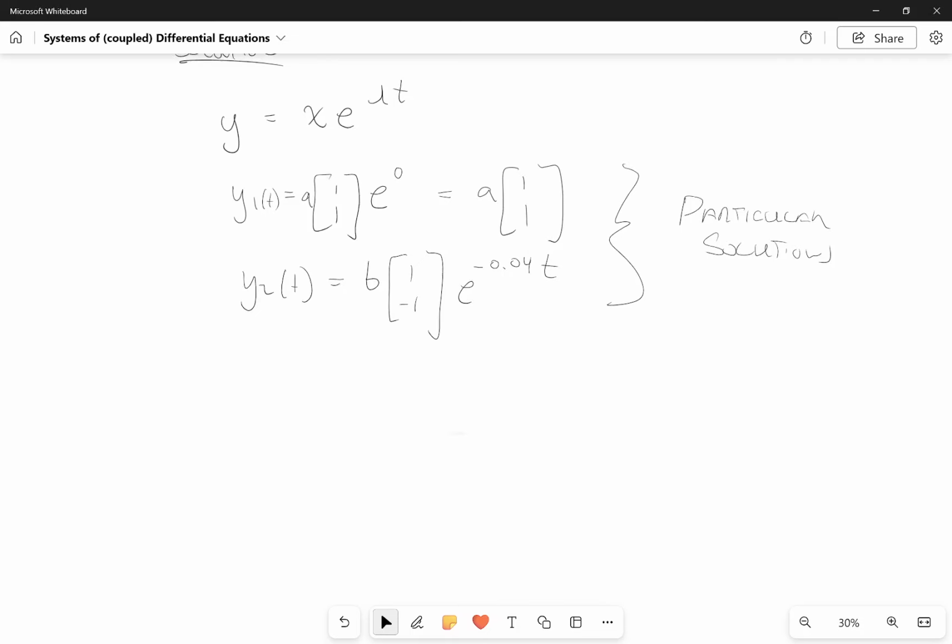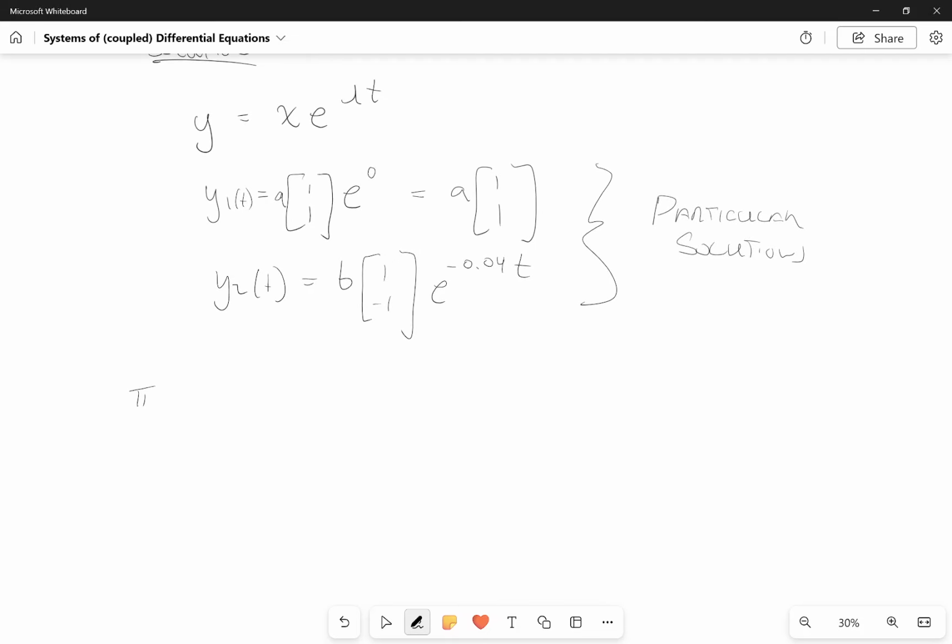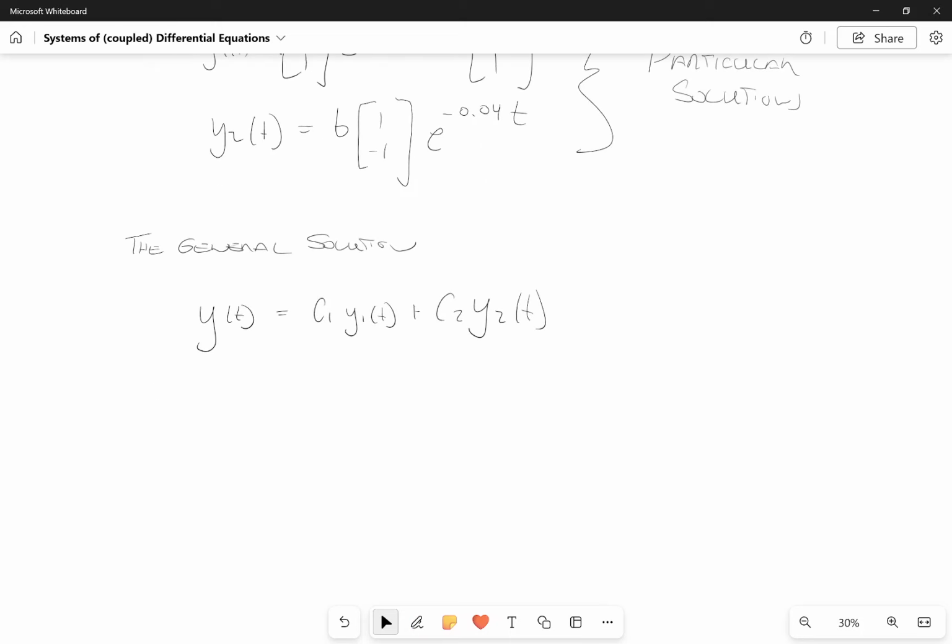So the general solution is y of t equals c1 y1 of t, that's the first particular solution, plus c2 y2 of t. Now a and b are constant, so I can group them into c1 and c2, no problem.